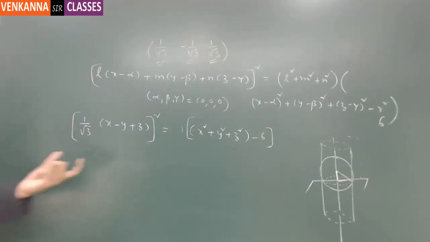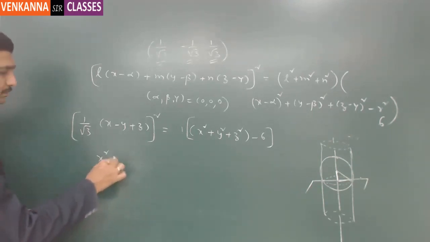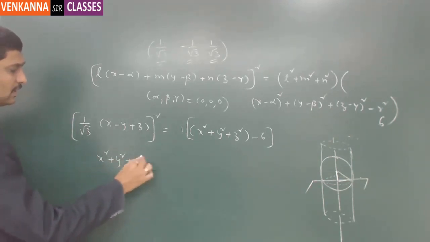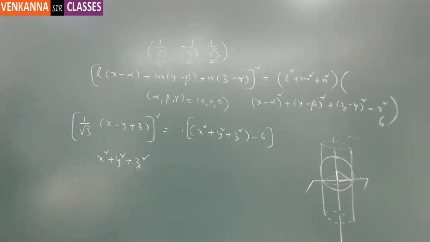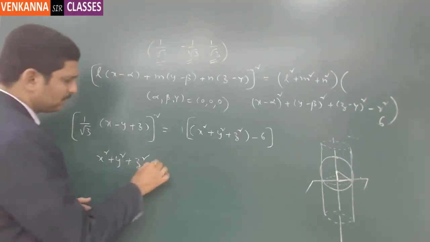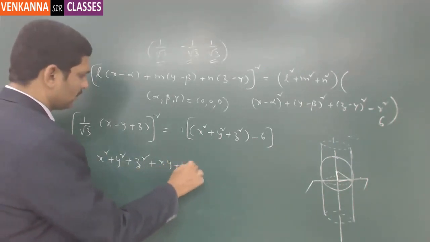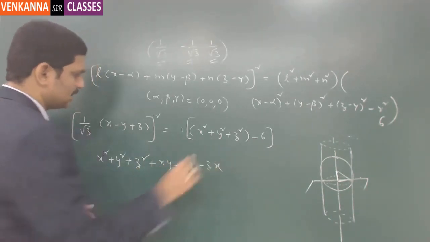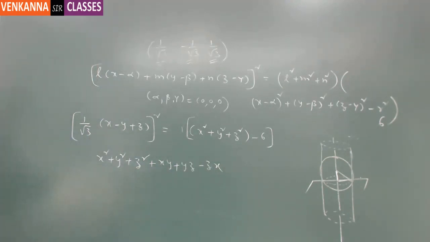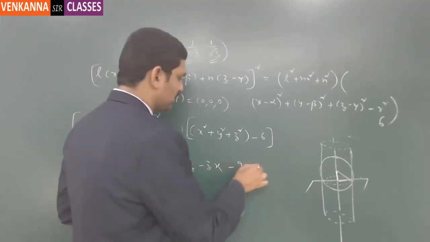Now you are going to expand this one, and on expansion you will get the value as x square plus y square plus z square plus xy plus yz minus zx minus 9 equal to 0. Maybe that could be the equation.